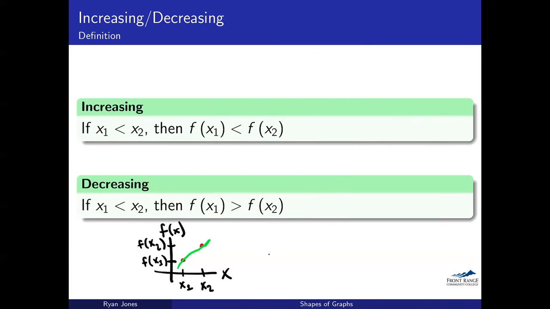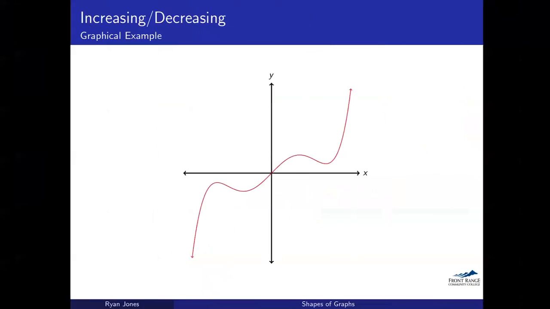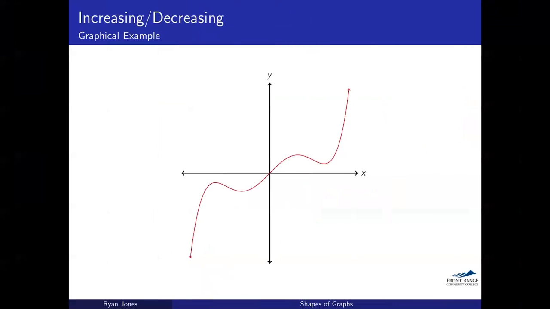Let me make a note here that this is increasing for this picture that I have drawn. Graphically, we're probably more used to seeing this here. I'll go ahead and mark in the blue where this function is increasing. And I'll go ahead and mark in orange where it's decreasing.